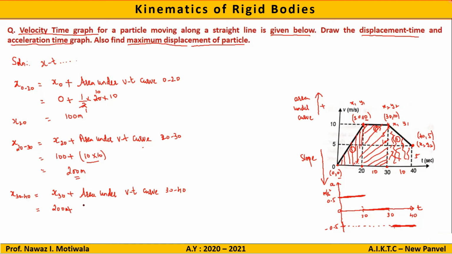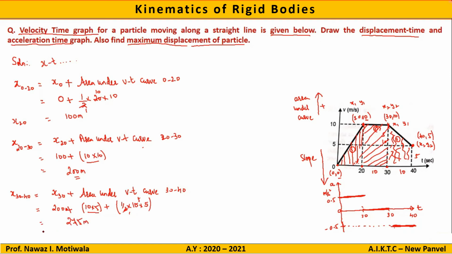So it will be area of rectangle, that is 10 into 5, plus area of triangle, that is half into base 10 and height of the triangle 5. So on solving I will get 25 plus 50, that is 75, plus 200, I will get 275 meters as my answer.